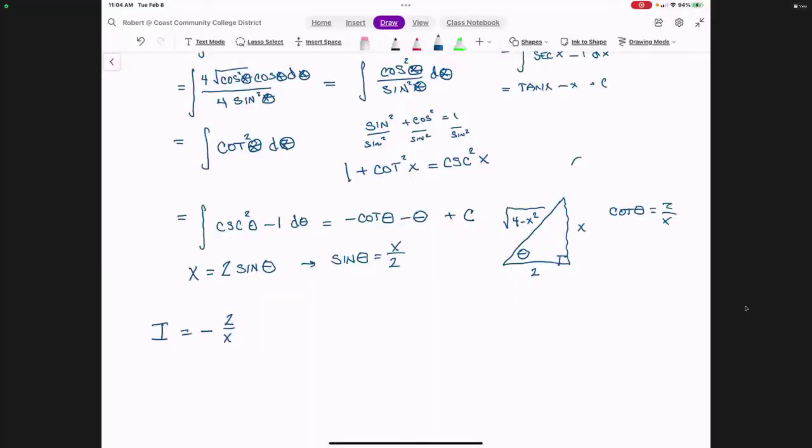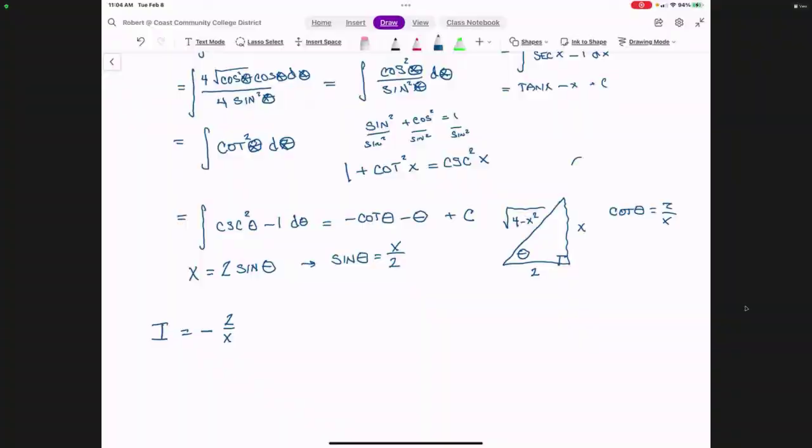Professor, I think the hypotenuse is 2 since sine theta is x over 2, opposite over hypotenuse. Oh yeah, I screwed that up.